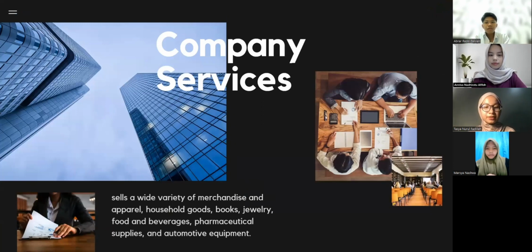The company sells a wide variety of merchandise and apparel, household goods, books, jewelry, food and beverage, pharmaceutical supplies, and automotive equipment.